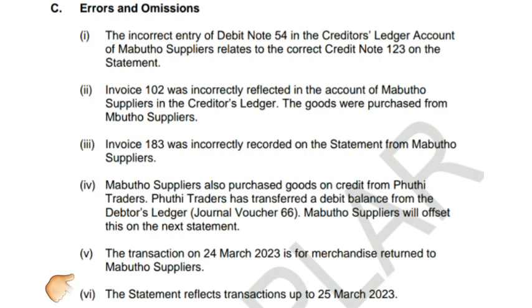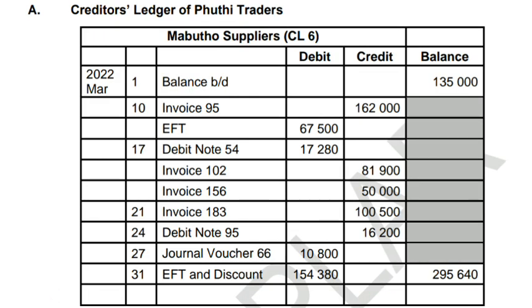Then the last transaction, we have transaction number 6, and it says the statement reflects transactions up to the 25th of March 2023. So that means that anything after the 25th of March was not shown on the statement. So you see that on the creditors ledger we have a transaction on the 27th, which we already dealt with.